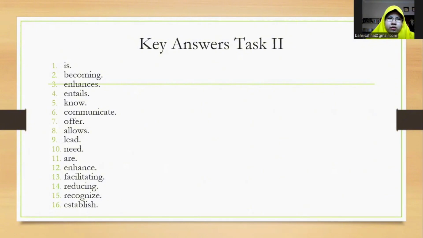And here are the key answers for the second C-test. As you can see, there's not only the basic verbs, but also the verbs in the form of gerund and the verbs that are connected to infinitive and modals.